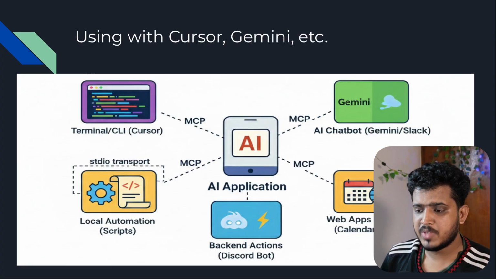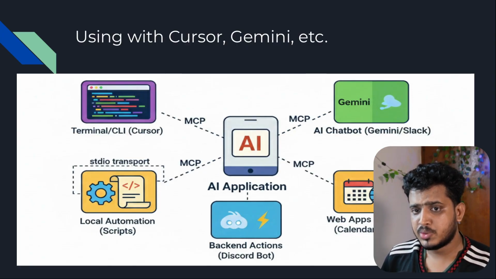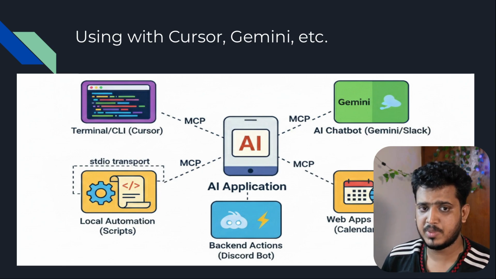Here are some of the use cases of MCP server. You can see in the chart. Cursor, for example, can call tools and resources by command line. Gemini browser can expose the streamable HTTP transport and consume it.